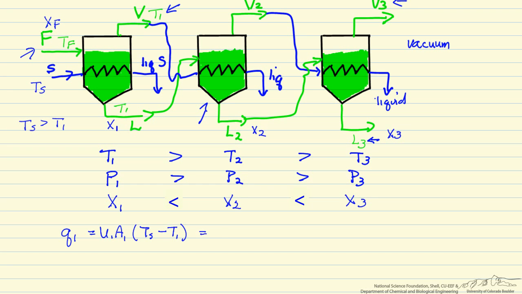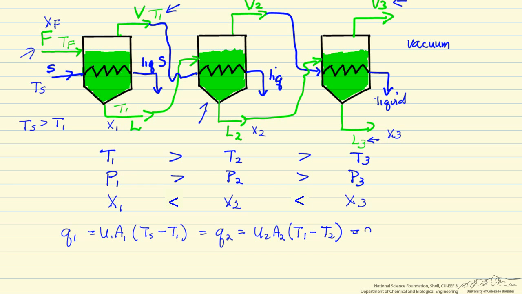But this should be approximately equal to the heat transfer in the second effect, because we're going to now condense back all of that vapor that we formed. So Q2 equals U2 times A times T1 minus T2, where T1 is now the heating for the second.